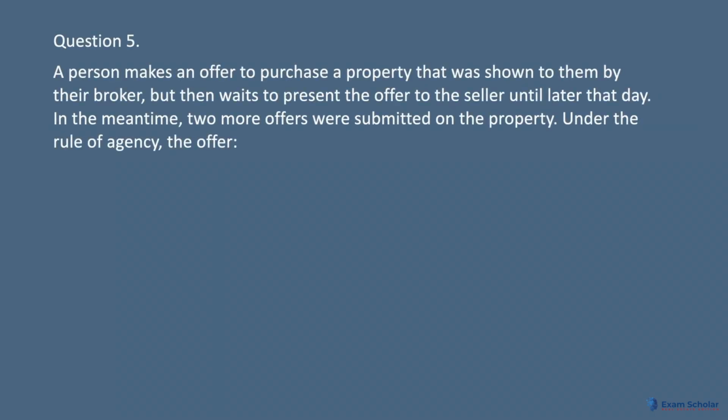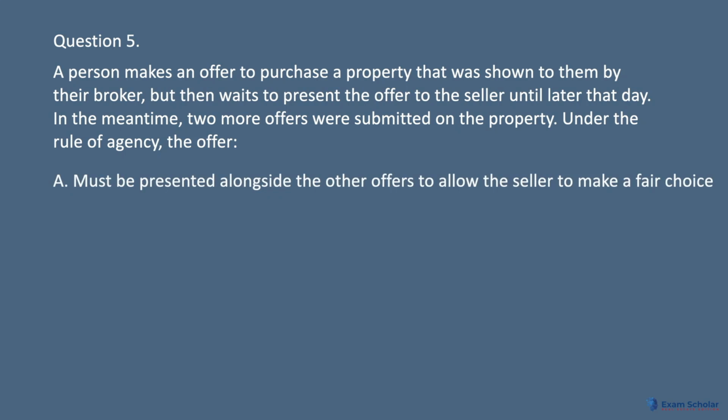Question 5. A person makes an offer to purchase a property that was shown to them by their broker, but then waits to present the offer to the seller until later that day. In the meantime, 2 more offers were submitted on the property. Under the rule of agency, the offer A. Must be presented alongside the other offers to allow the seller to make a fair choice.